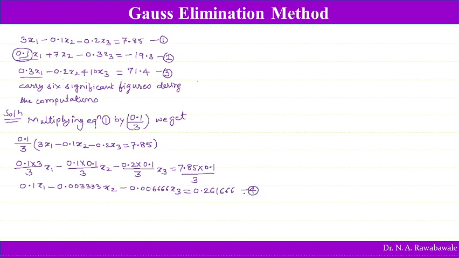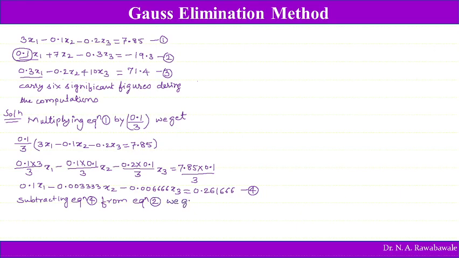Now subtracting equation number 4 from equation 2, so that this term x1 gets vanished. So we write here, subtracting equation number 4 from equation number 2.